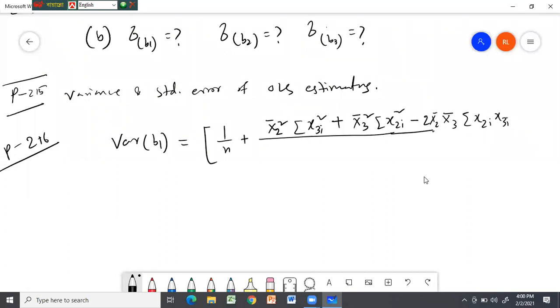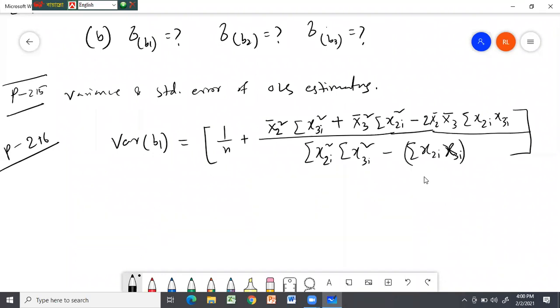Okay, this is the numerator portion. The denominator portion is the summation of x2i square times the sum of x3i square minus the sum of x2i x3i, whole square.